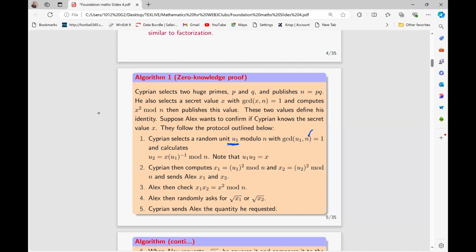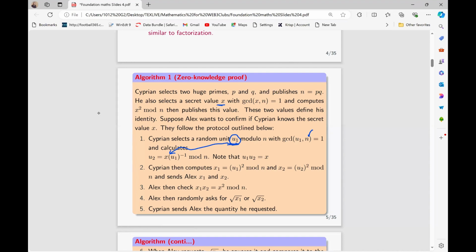Since he knows what x is, he takes the inverse of this u1 and multiplies it by x. We know how to get inverses using the extended Euclid's algorithm.